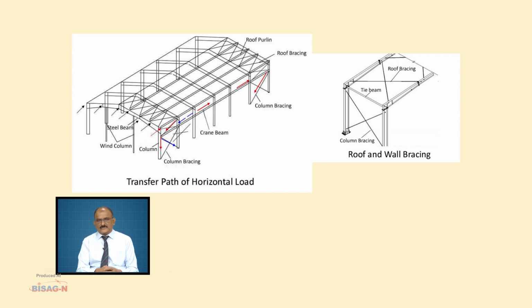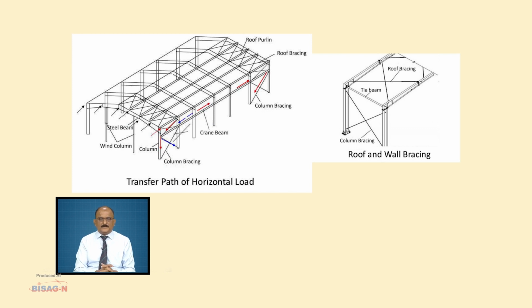So, in order to arrive at a better economic solution, we will be providing a good bracing system in such a way that the wind loads are transferred from the gable portal to the second portal or even to the third portal. By designing a simple bracing system, we can considerably reduce the size of the gable portal.